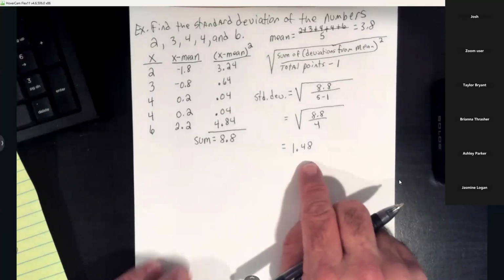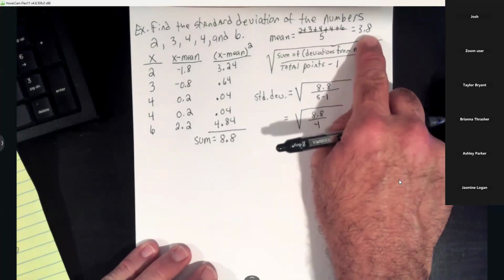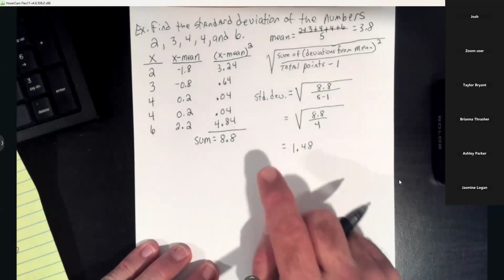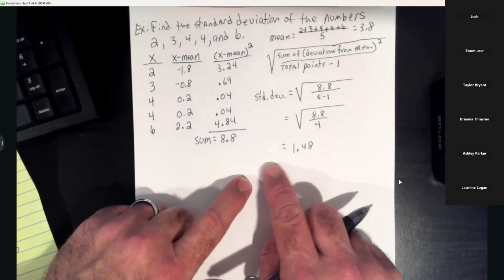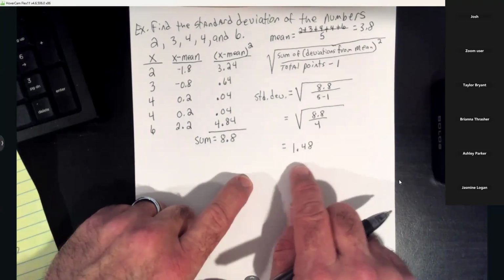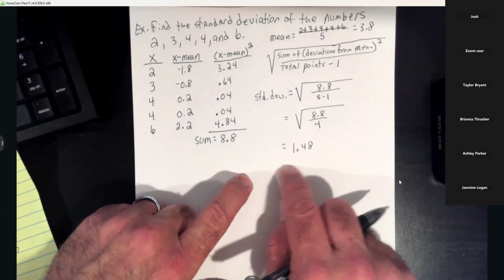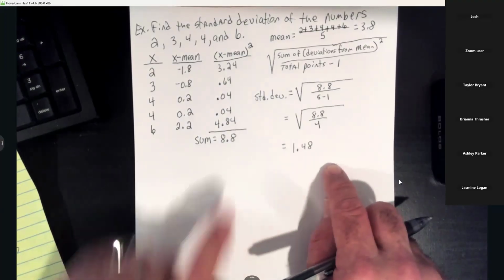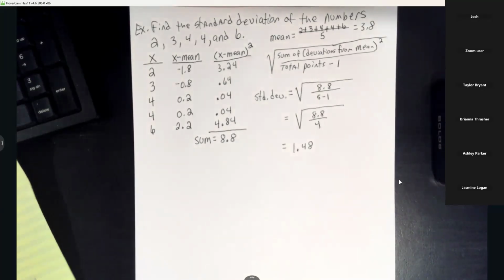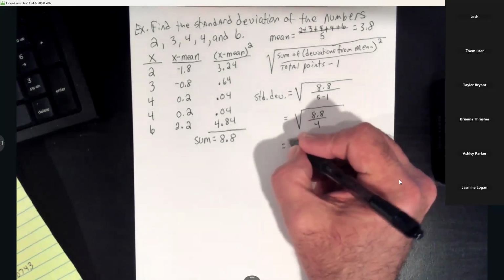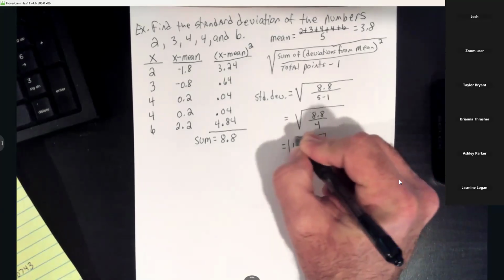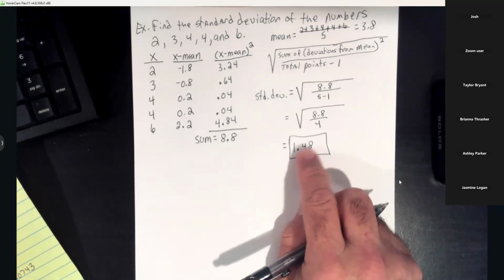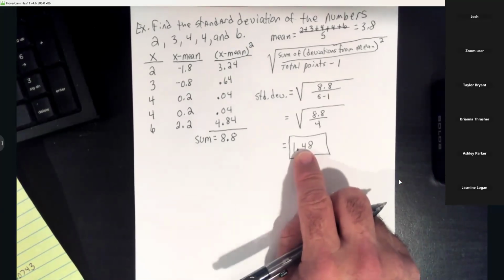So what that means is, since my mean is 3.8, most of my data points are within 1.48 units of that, left and right. And this is what we want. How far from the mean are my data points, okay?